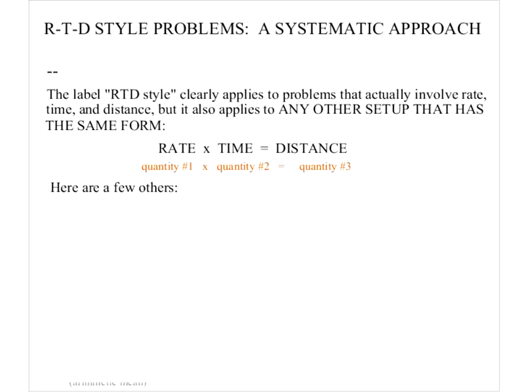If we were in some alternate universe where we renamed the concepts of rate, time, and distance, then as long as they still had the same relationship, we can still take exactly the same approach to the problem. So this format is the key point here. And as long as you're dealing with problems that have this sort of setup, you can use the same techniques that we are about to broach for rate, time, and distance.